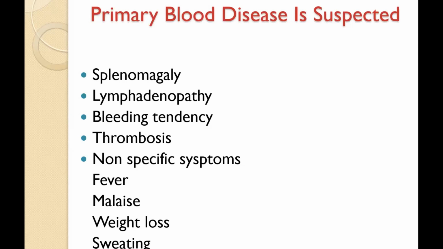The most common cause of pancytopenia in our country is megaloblastic anemia. And if you are finding jaundice, unconjugated hyperbilirubinemia, it is not always hemolytic anemia. In megaloblastic anemia, there is ineffective erythropoiesis, and because of that, we find unconjugated hyperbilirubinemia.